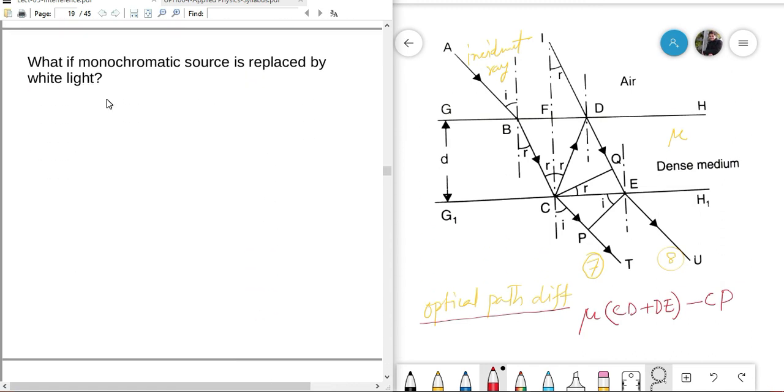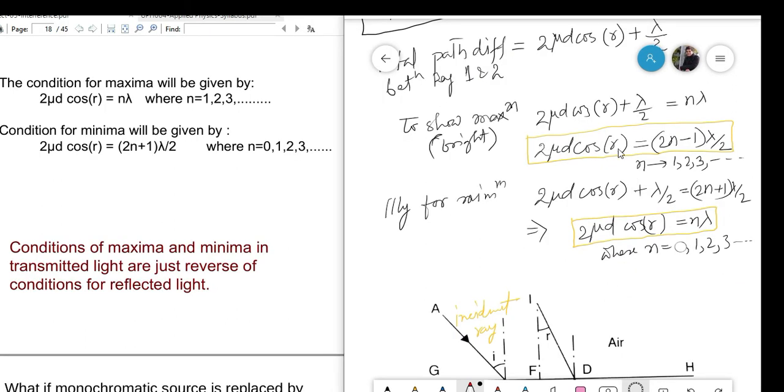Given a parallel thin film where there is an incident light of a given wavelength lambda, what would you actually see? With these two conditions for the case of interference due to reflected light, the parameters for a given thin film, mu and d, are fixed. Only the r, which is the refracted angle, which depends on the incident angle, would change according to the angle at which the rays are incident on the surface of the thin film.